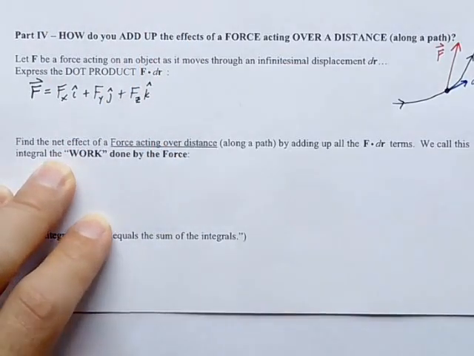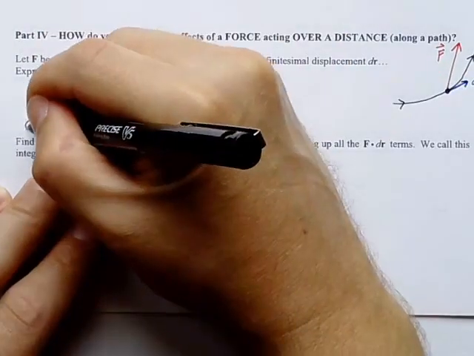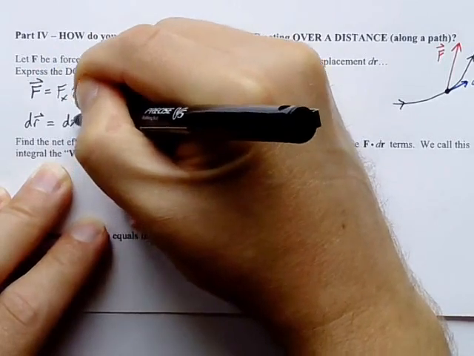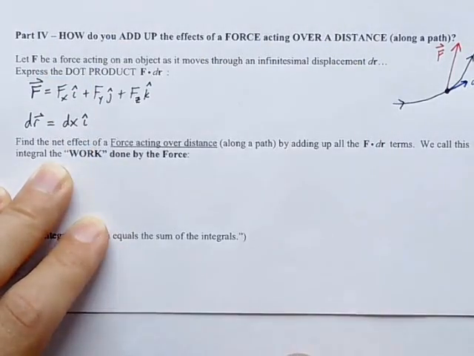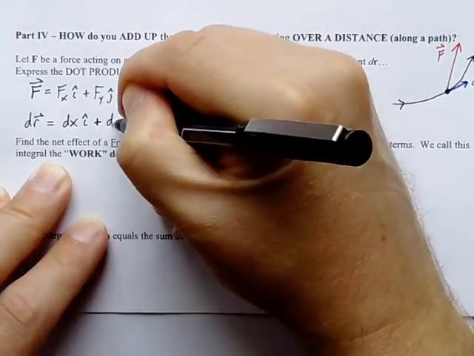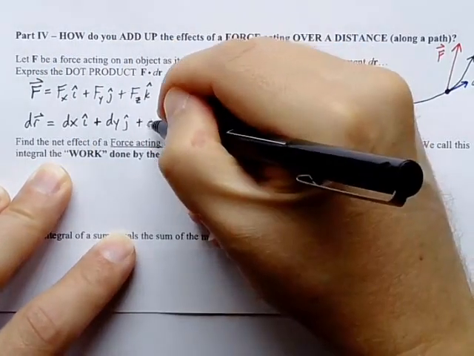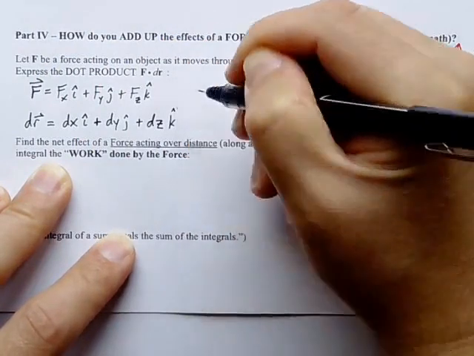And our displacement vector, dr, in terms of components, dr could involve a small step in the x direction, a dx, times i hat, pointing in the x direction, plus a small step in the y direction, dy times j hat, plus potentially a small step in the z direction, dz k hat.